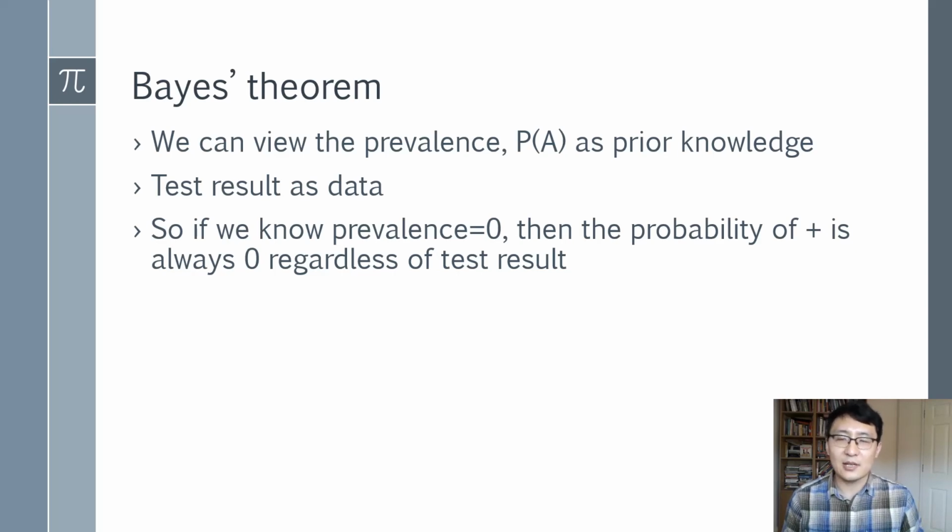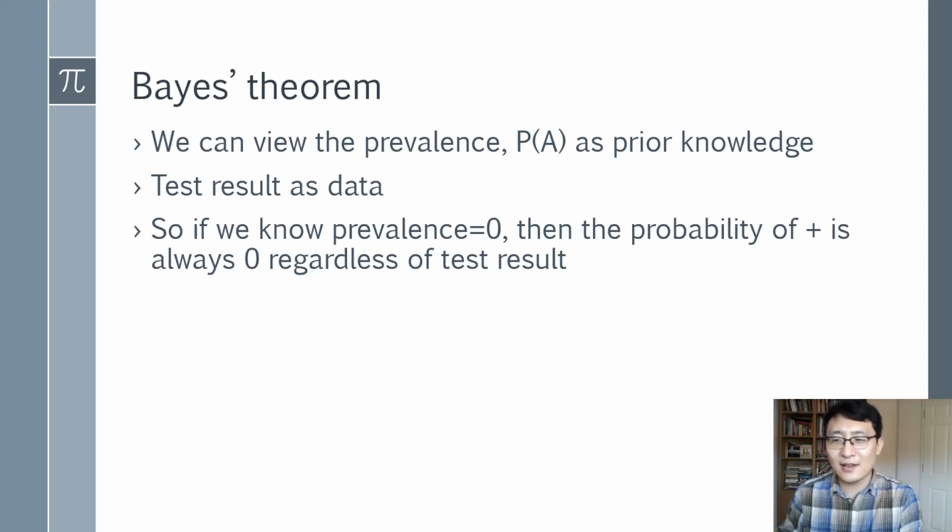Obviously, if we know that there is 0 prevalence in this population, for example, an isolated town or an isolated island that has been isolated for a long time with no case of COVID-19, then the prevalence is 0.